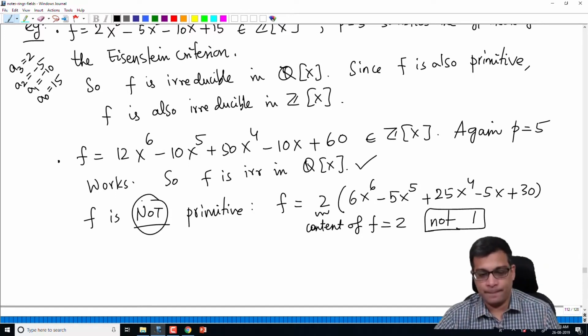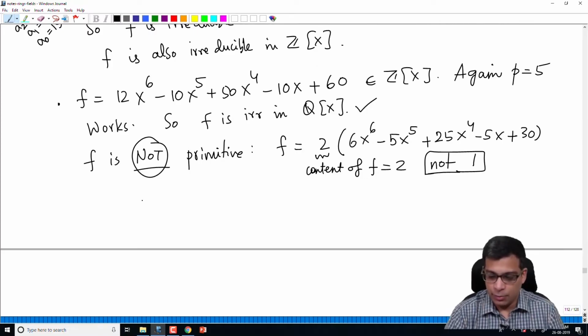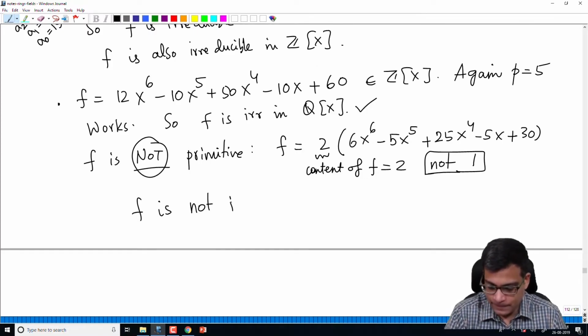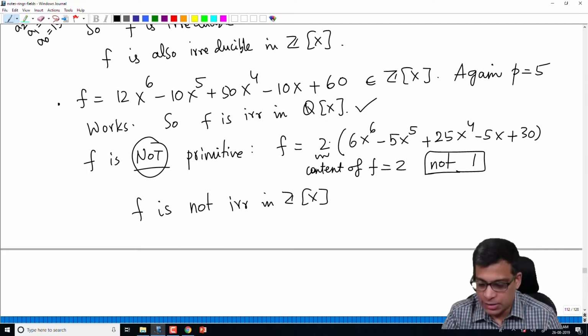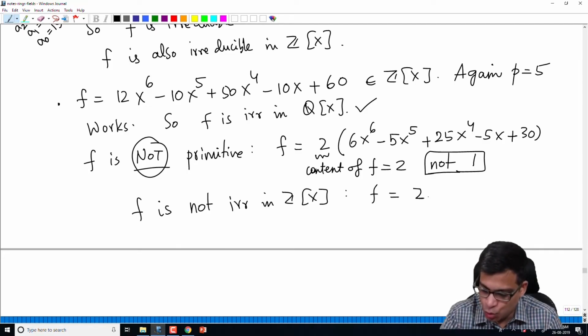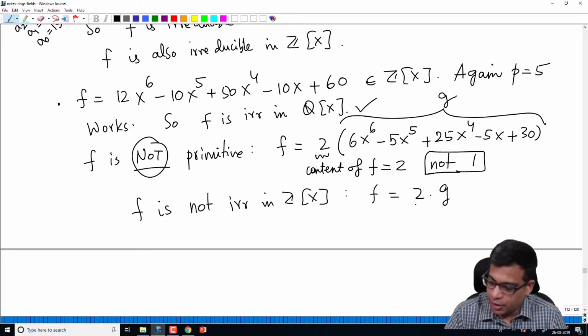That means we don't get that f is irreducible in Zx, because clearly you can see that this gives you a factorization. 2 is an irreducible element in Zx, so f can be written as 2 times g, where g is this, right? So this is irreducible, this is irreducible.